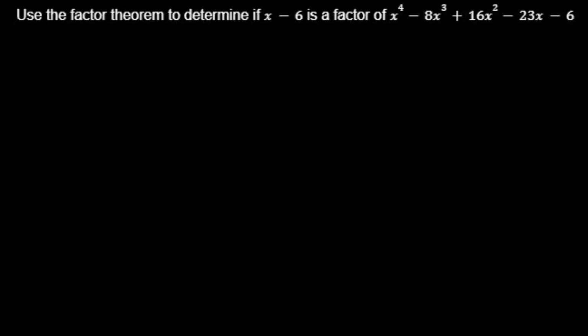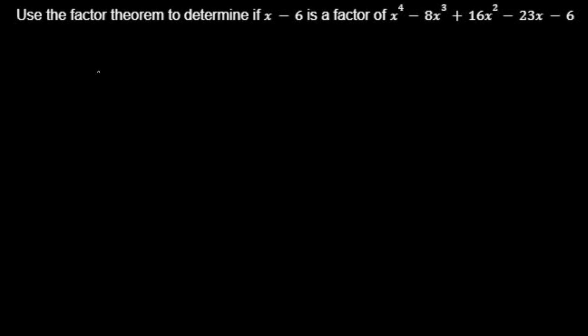Okay, so in this example, we're going to use the factor theorem to determine if x minus 6 is a factor of this polynomial. The factor theorem says it is a factor of the polynomial if P of 6 equals 0, or if the remainder is 0. So we can approach this in one of two ways.